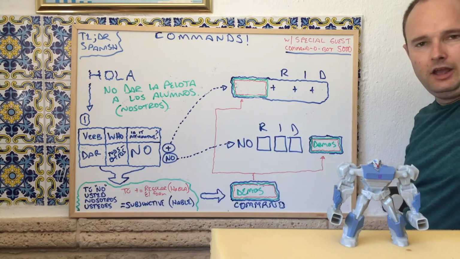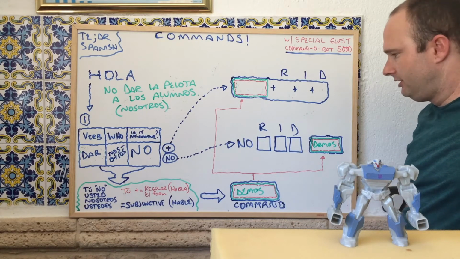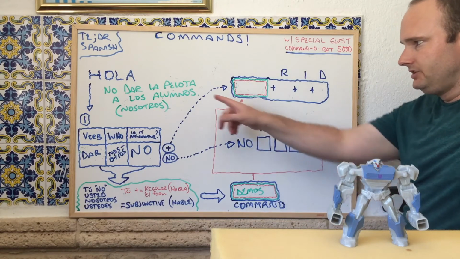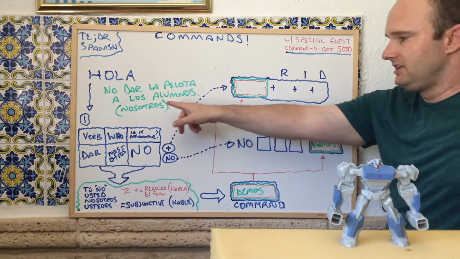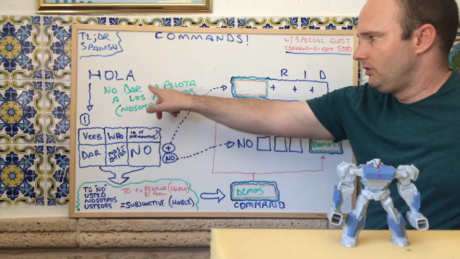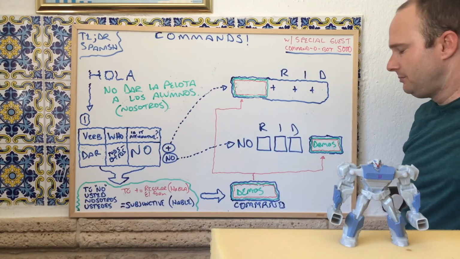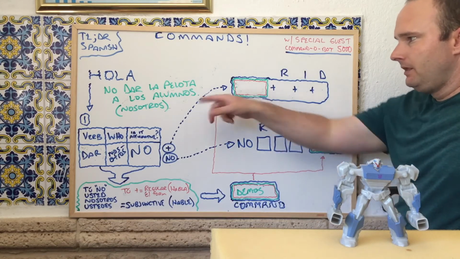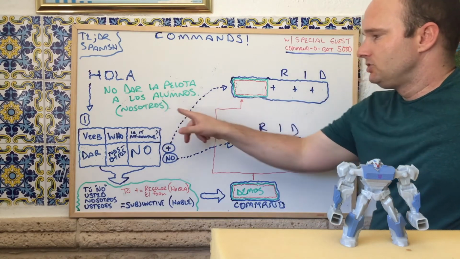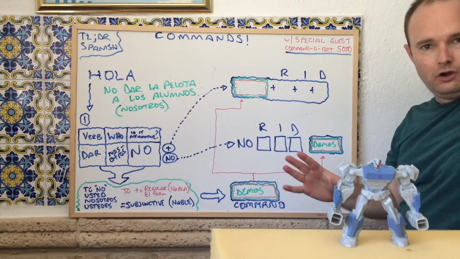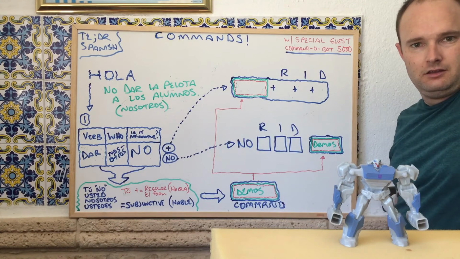Now, let's talk about objects. What objects do we have in there? Is it reflexive? No, because it's nosotros, and we're doing it to a ball, and we're doing it for these other people. Indirect: no da la pelota a los alumnos. To whom are we giving?